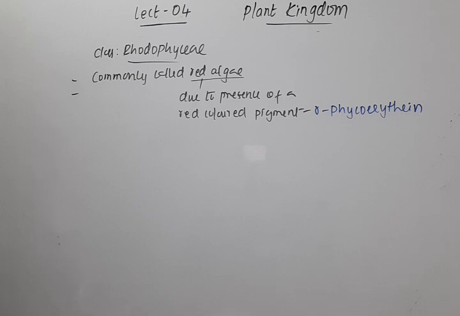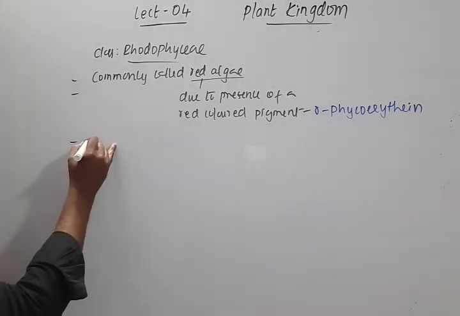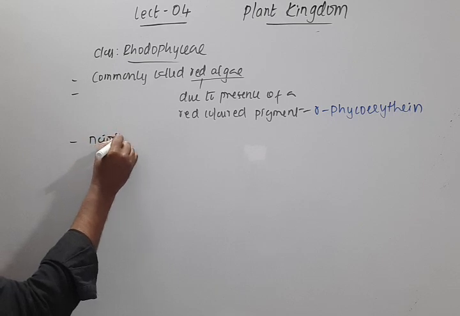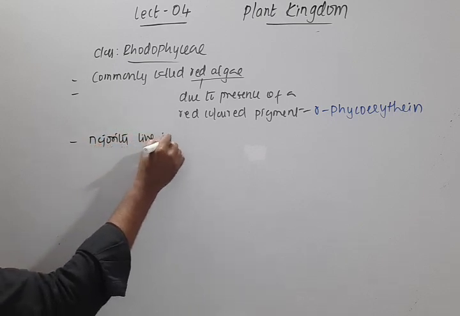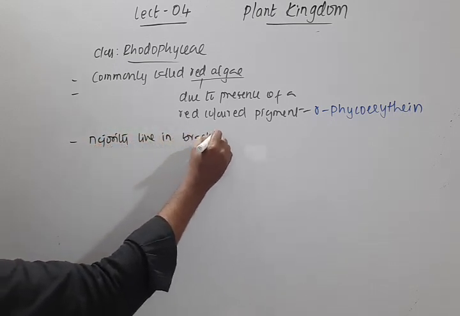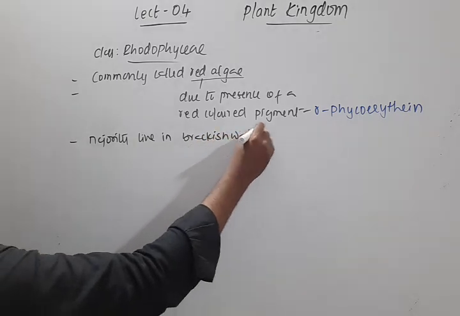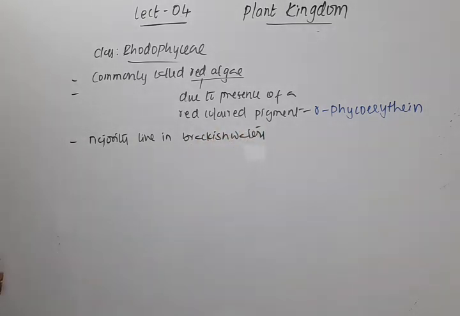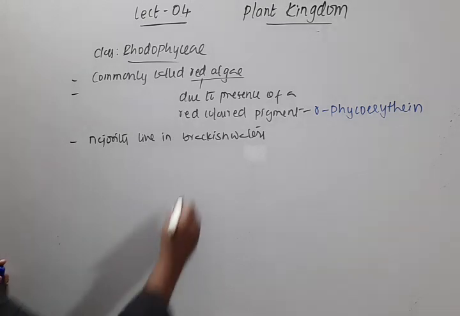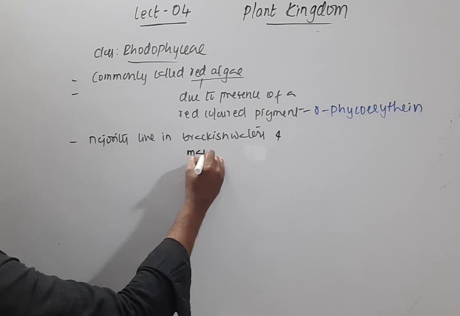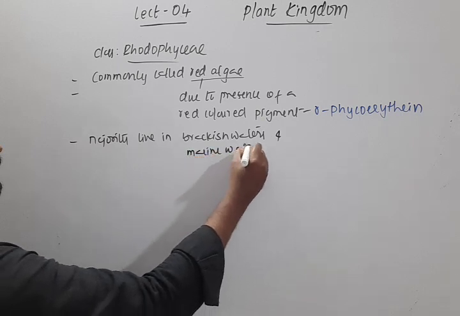Here R stands for red fluorescence. Some live in fresh waters, whereas a majority of members belonging to this group live in brackish waters and also in marine waters.